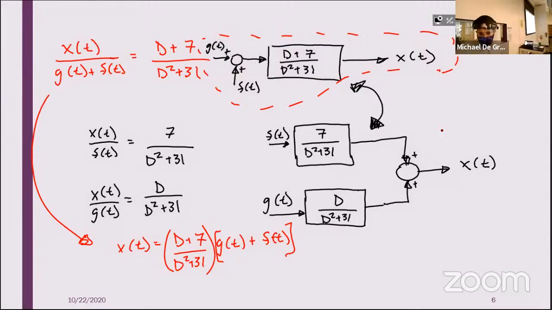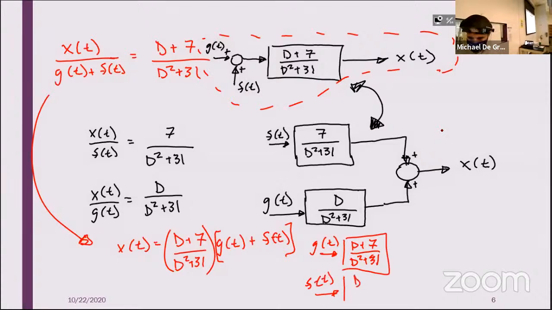That's another way. Remember, there's more than one way to draw these correctly, right? So you could, if you wanted, have f of t, and then both of these come into a summing junction as well.